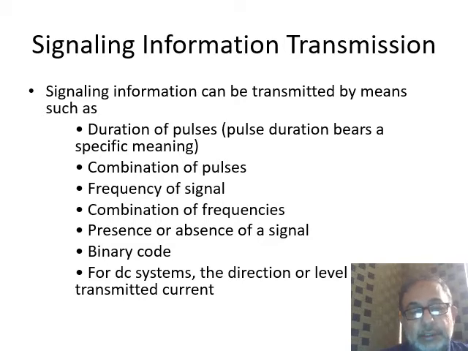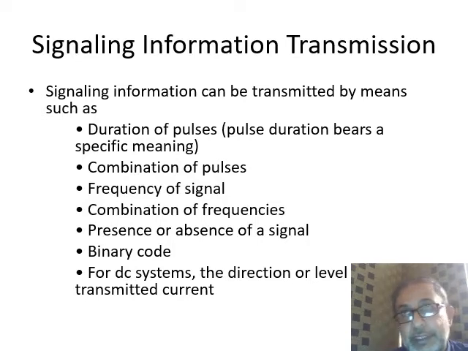Now let's see in which form this signaling is sent. The signaling information can be transmitted by means of duration of pulses, because a certain duration of pulse would mean a particular function, or a particular status, or a particular instruction. There can be a combination of pulses.